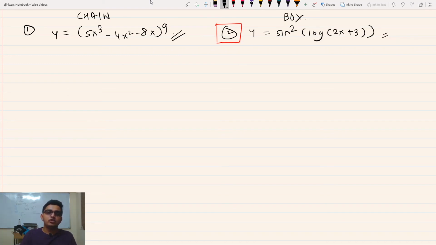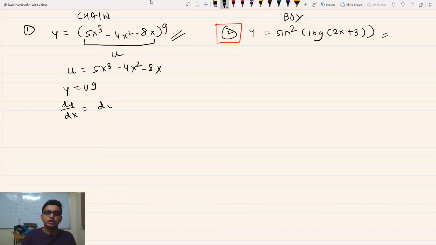So in this case, you are going to replace everything by u. So you have u equals 5x cube minus 4x square minus 8x, and then you have u raised to 9. So y equals u raised to 9, and then you differentiate it. So you have dy upon dx equals dy upon du times du upon dx.